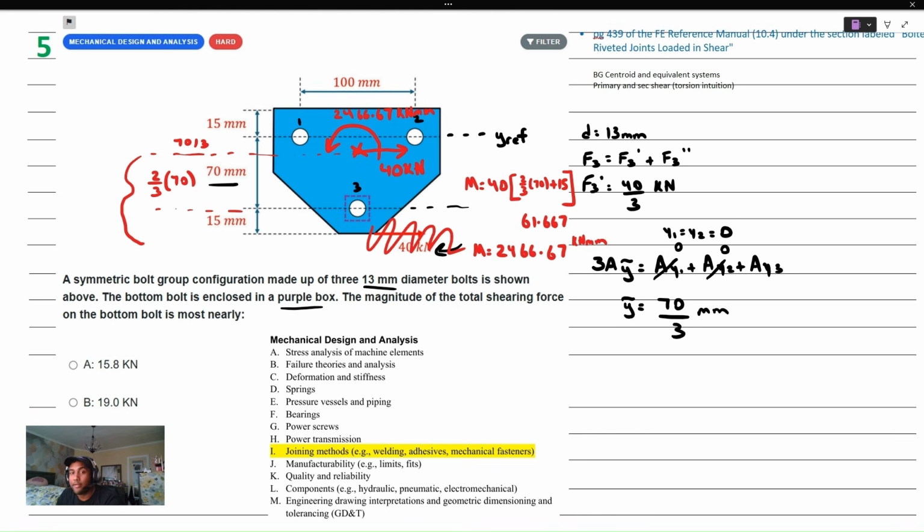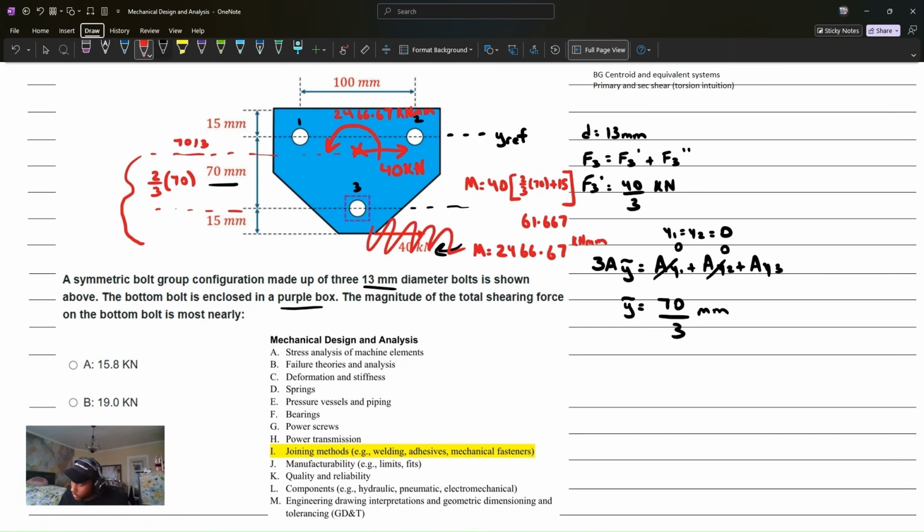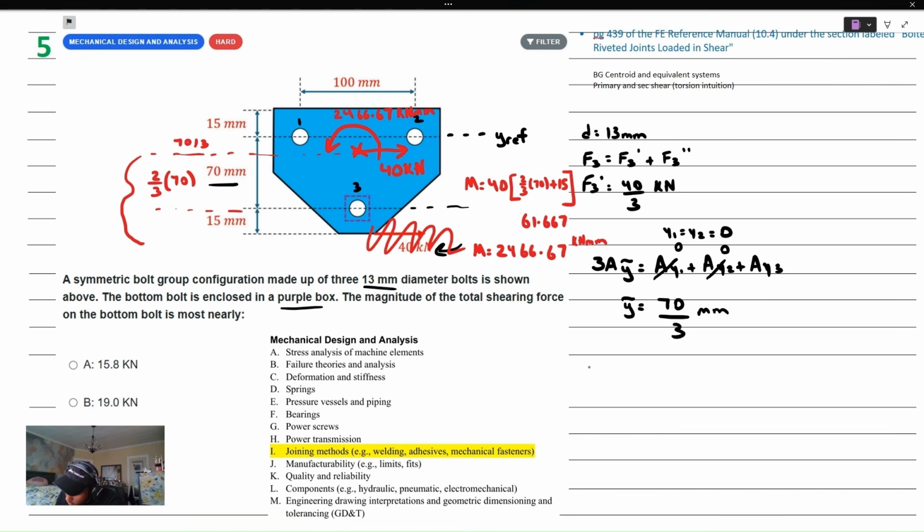So now that we have our concentrated moment, we're able to find out what our secondary shear contribution is going to be. If you think back to mechanics of materials, we had this equation that the shearing stress tau is equal to TR over J, the torque times the radius divided by the polar moment of inertia.